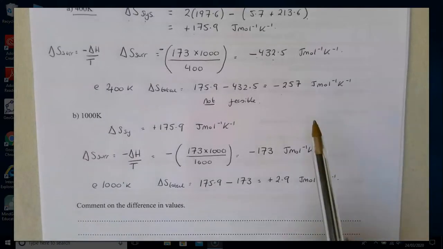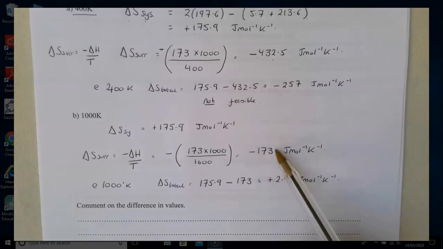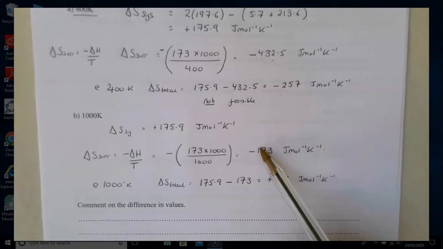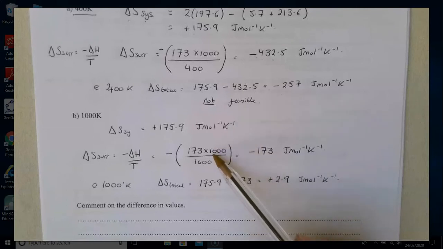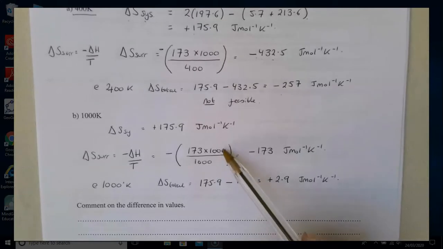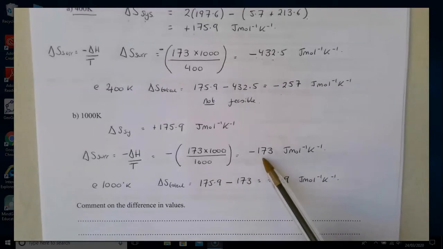Because in this case, this entropy term of the surroundings, the energy we're sort of putting or taking out of the surroundings, is offset by the increase in entropy of the system. Okay, and the reason for that is it's done at 1,000 degrees. Now, if you remember, I said back in one of the previous videos that at higher and higher temperatures, this term becomes less and less important because it becomes a smaller numerical number, either positive or negative.